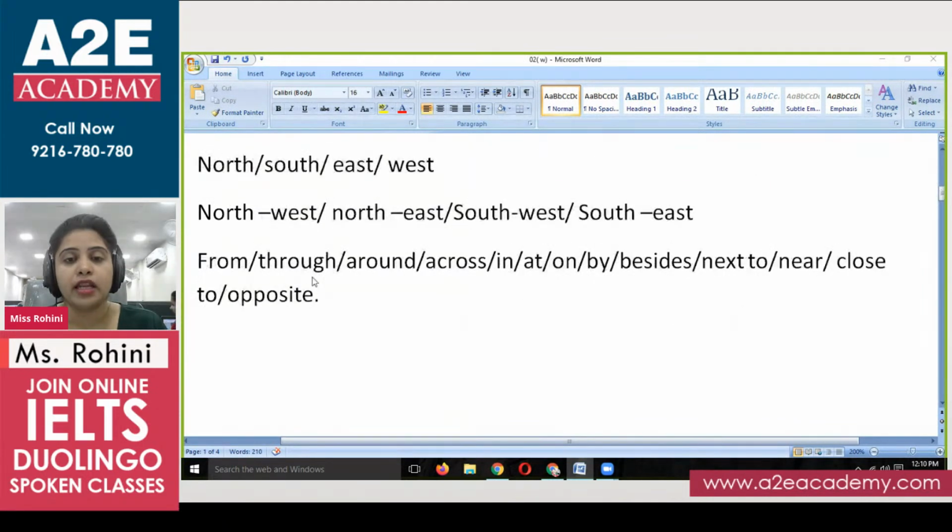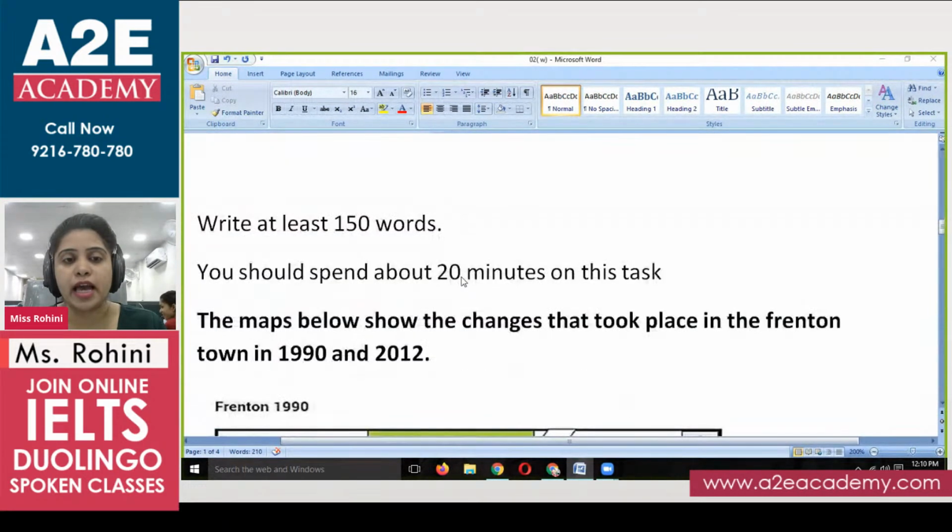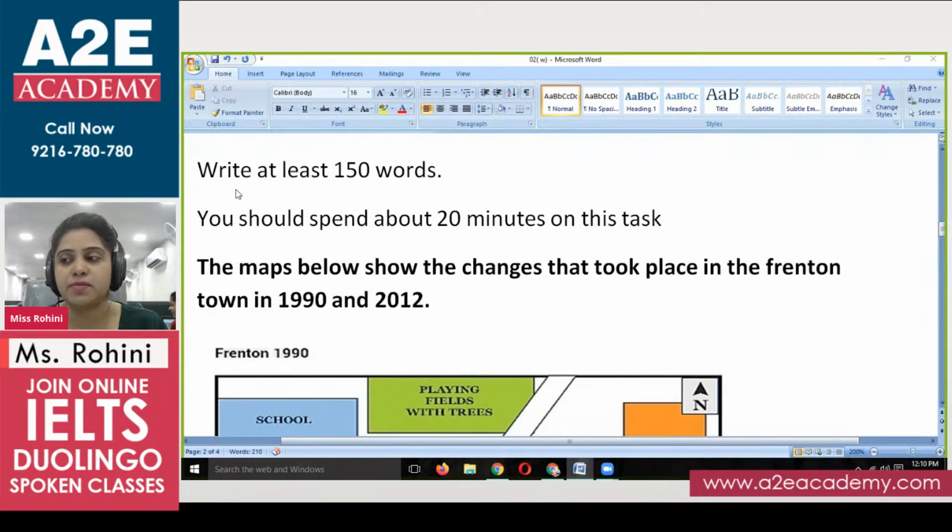Okay. Now let's see the task one, what it is basically and how a map works. The structure and the criteria will be the same. You have to answer your task one by writing at least 150 words. It's a minimum requirement that is important to complete. And you have to spend 20 minutes on it, as we have only 1 hour to complete task one and task two both.